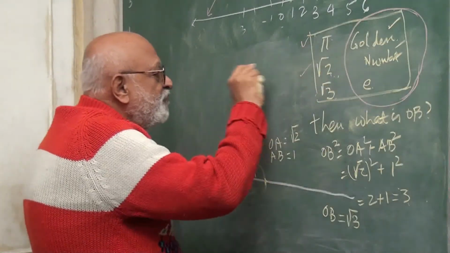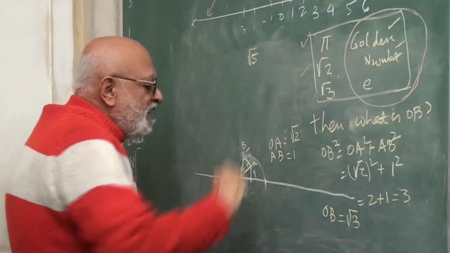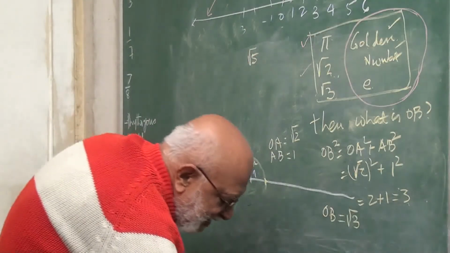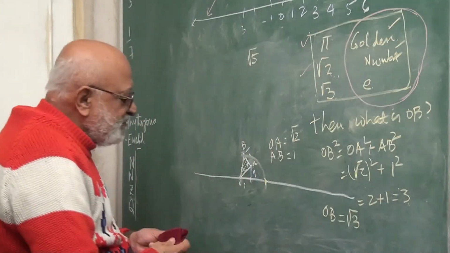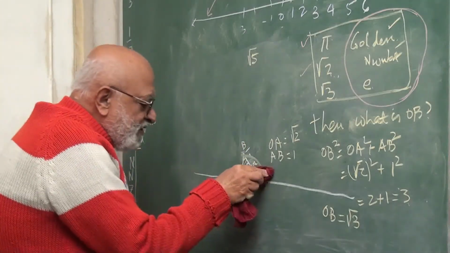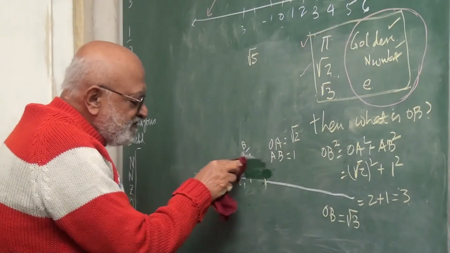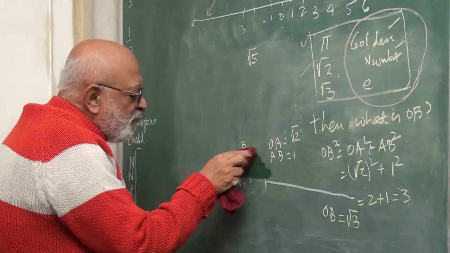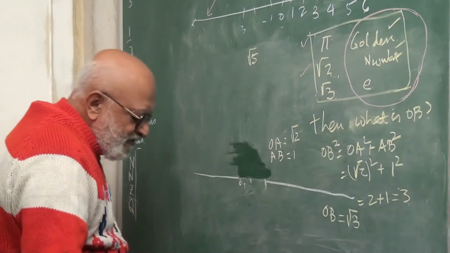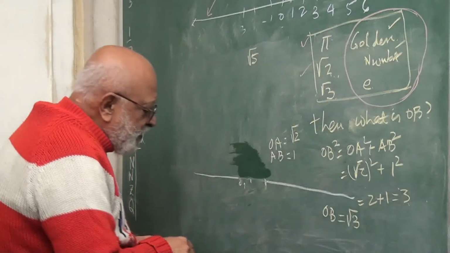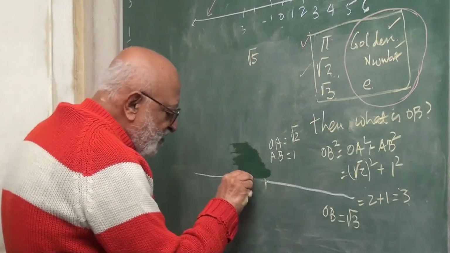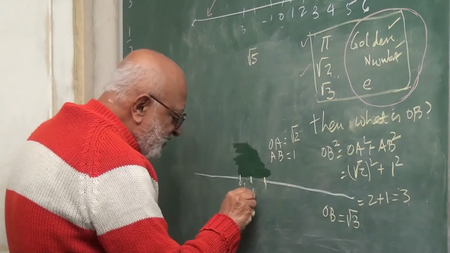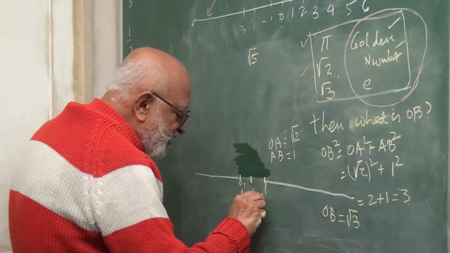You don't need root 4, but you can go to root 5. How do you go to root 5? There are a number of ways shown in the book, but you can do it this way. Instead of that way, why not take 2 units here? Here it is 1 unit and then here it is 1 unit.